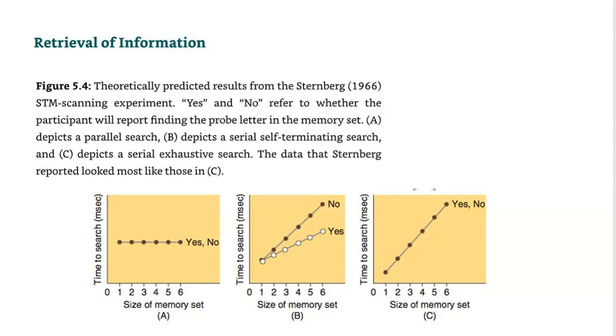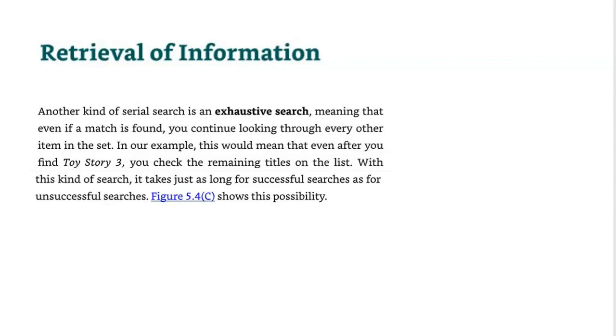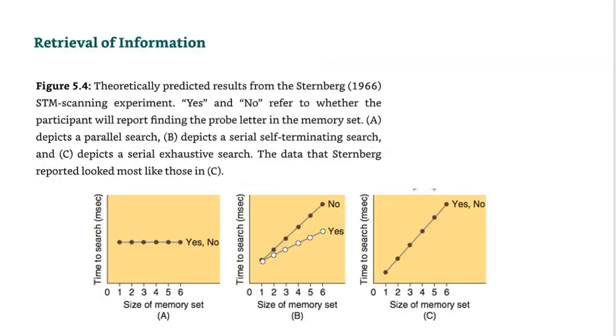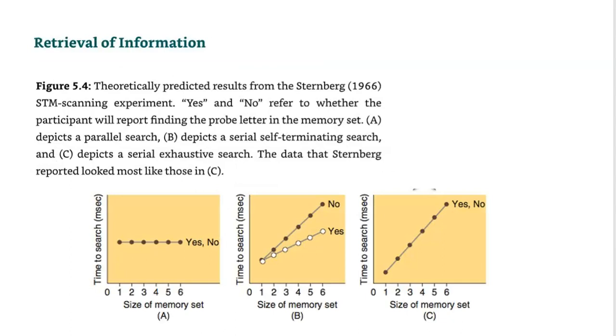So if there were an item on the test, we would say, well, which one of these is recommended? It's called a serial exhaustive search. And again, essentially you keep looking even past the point where you found the answer. And therefore, the number of entries in the memory set, whether it's 6 or 100, will determine how long it takes to arrive at a yes. And that's what's depicted in letter C there.